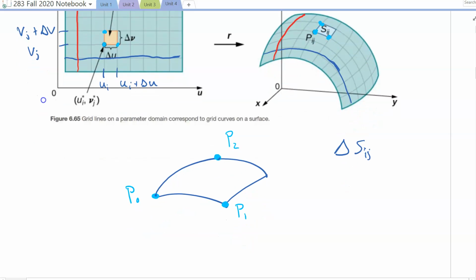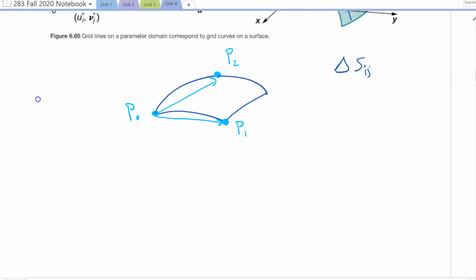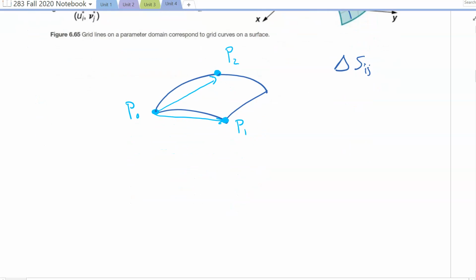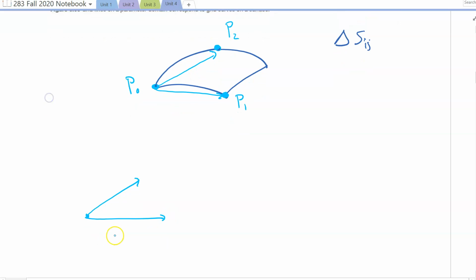We're going to connect those points by vectors, and then instead of finding the surface area of that curved patch, we're going to look at the corresponding parallelogram that we're going to determine using these two vectors.